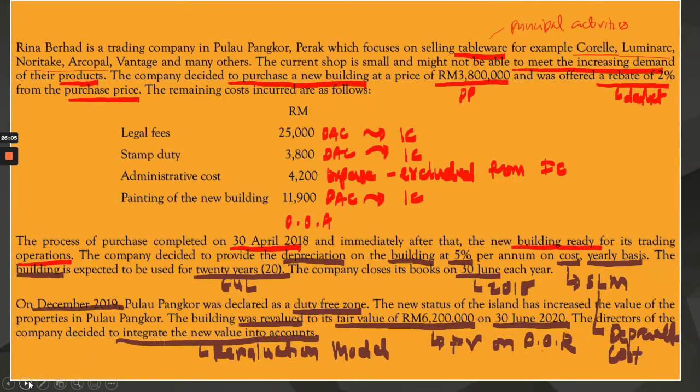So the revaluation was done on 30th of June 2020, and this was 6.2 million. Therefore you have to compare this fair value with the carrying amount also on the date of revaluation, which is on 30th of June.